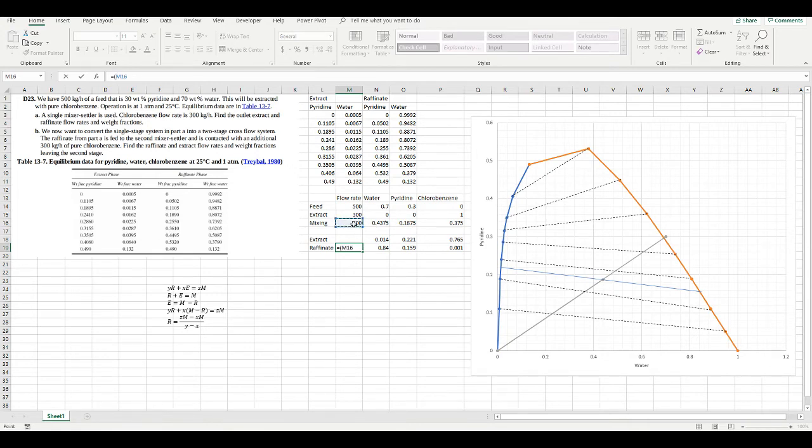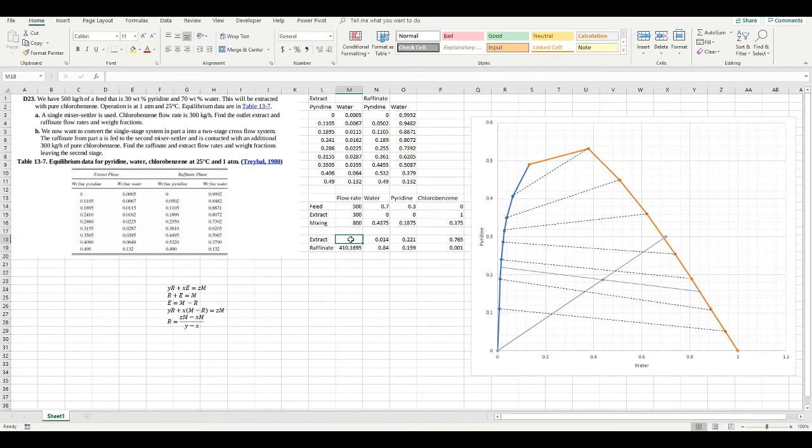It's going to be equal to water times this minus the extract composition times 800, divided by the raffinate composition minus the extract composition. And this gives us a value of 410.6.